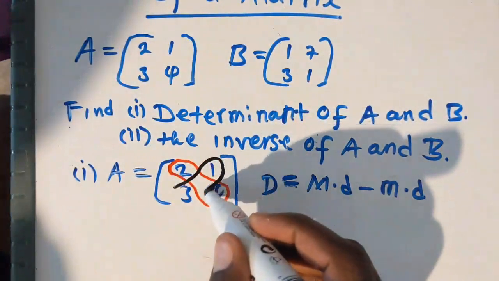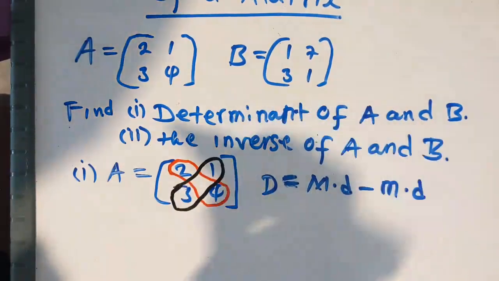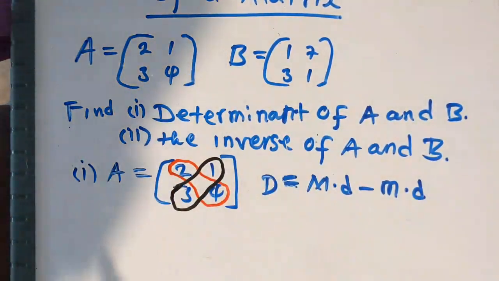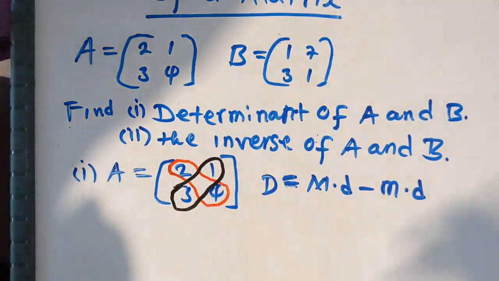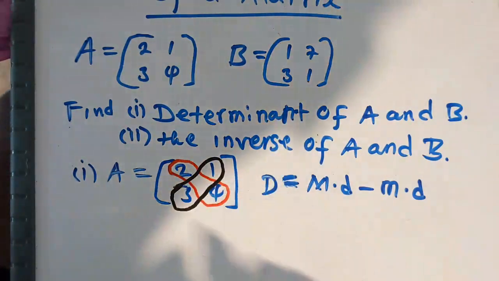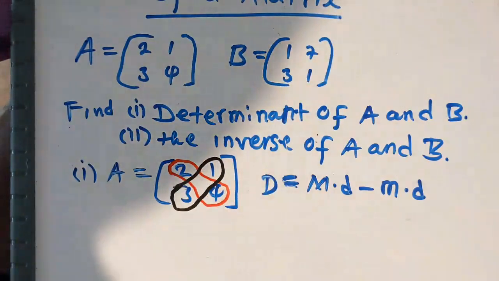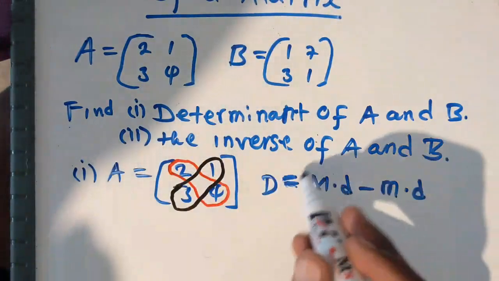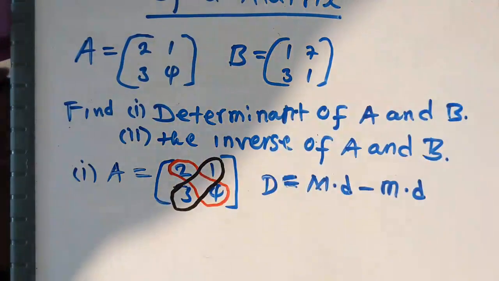So this is the minor diagonal. Those are the diagonals that we have. So what do you do to them? You multiply them.